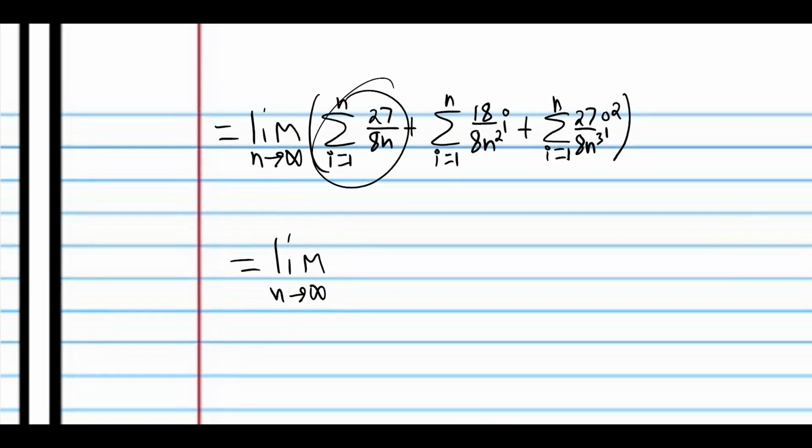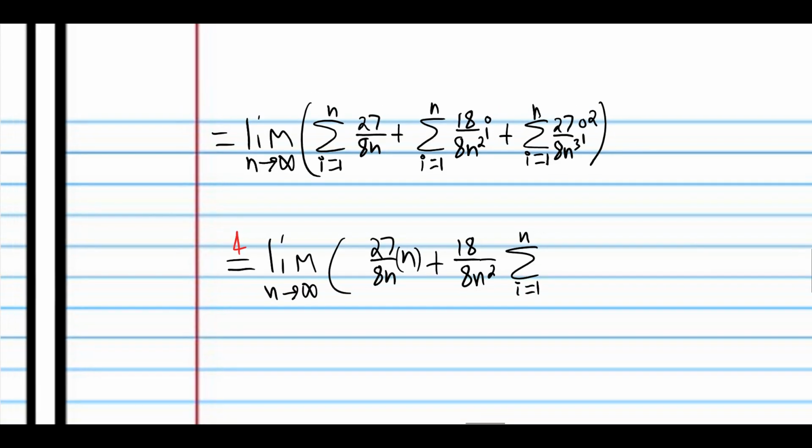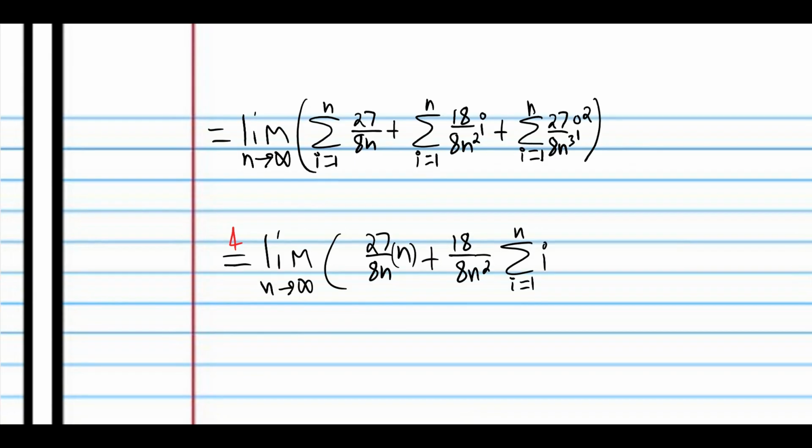So here we're going to use sigma property number 4, because that's just a constant. So that just equals 27/8 n times n. And then here we're going to use sigma property number 3. We're going to pull the constant out of the sigma. That's a number that every term is multiplied by.